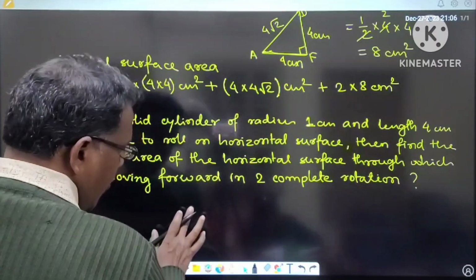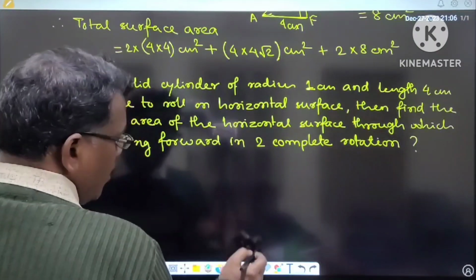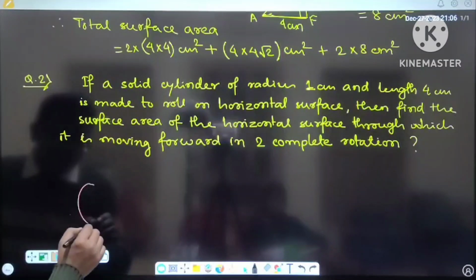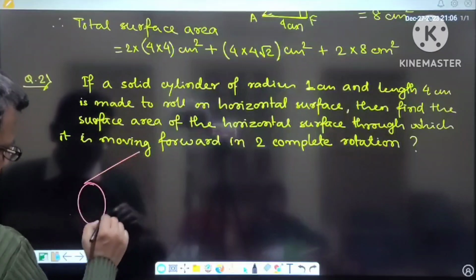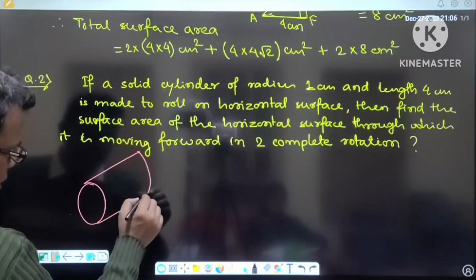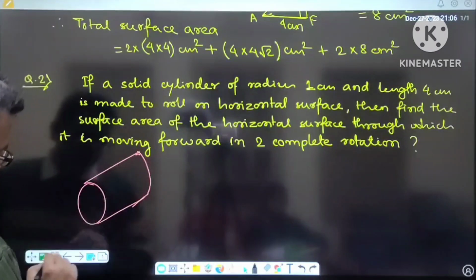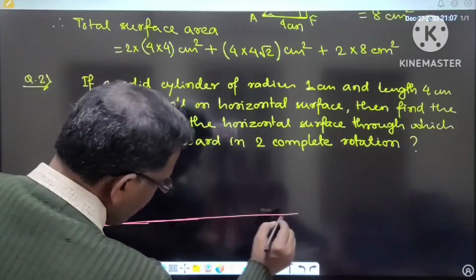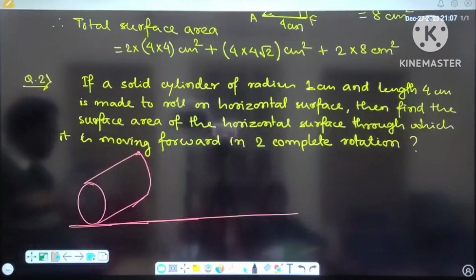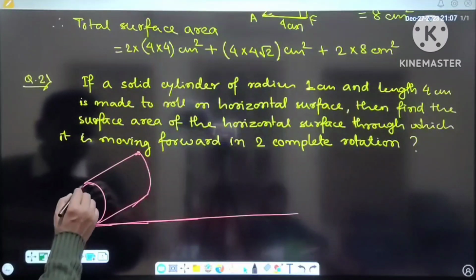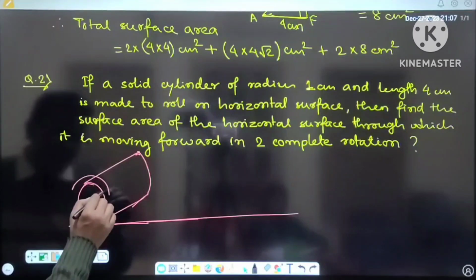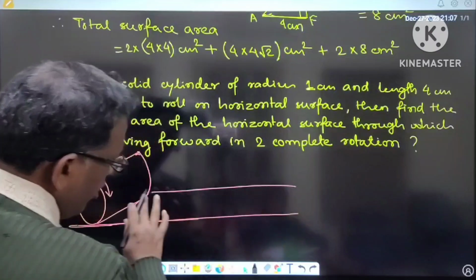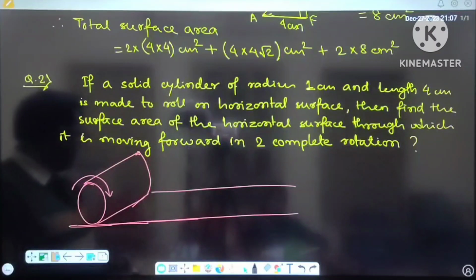I can help you by giving a related diagram of this. For example, let this be the cylinder. It's a three-dimensional geometry. You can understand it like this, right? So this is the horizontal floor or the horizontal surface, on which, if this cylinder is made to roll in this order, the cylinder will definitely roll on the horizontal surface, right?